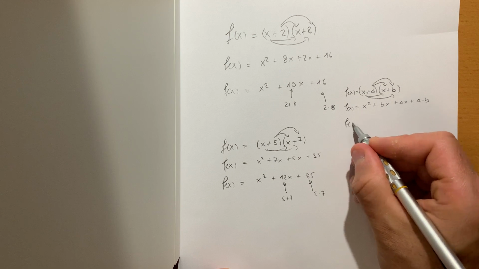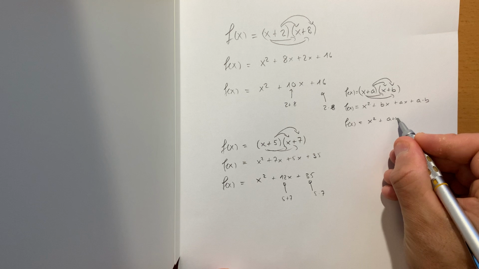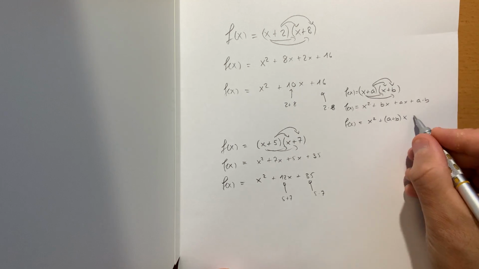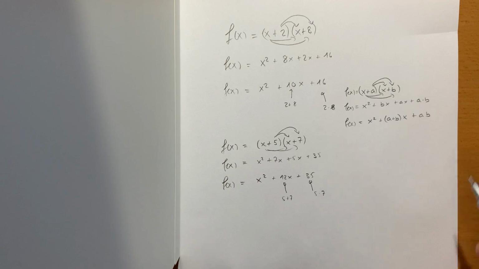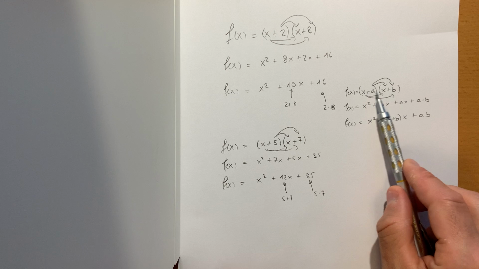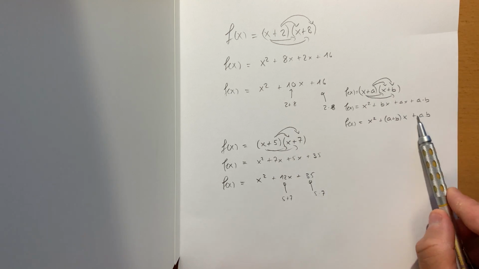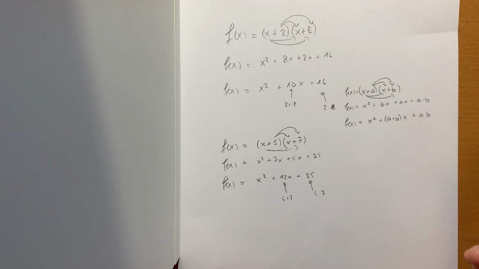So let's simplify this, and we're going to get x squared plus (a plus b) times x plus ab. So what we can see is that this middle term here is always the sum of the two, and this term at the back is always the multiplication of the two.